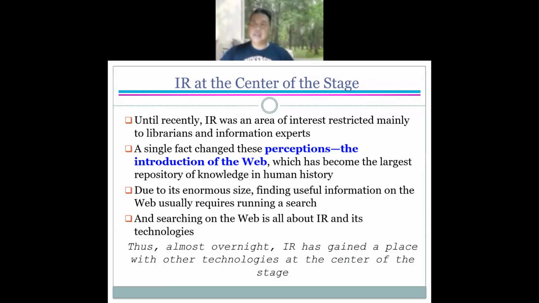Basically, we call it the web, because since the introduction of the web, everybody can create their own content. Everybody can post their own website. So because of that, we have a lot of information on the web, but we do not have a way to gather the information and then retrieve the document.